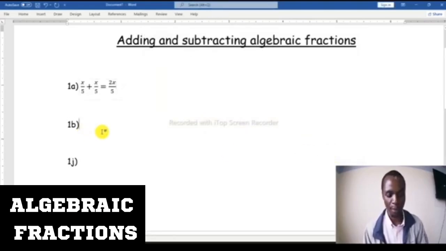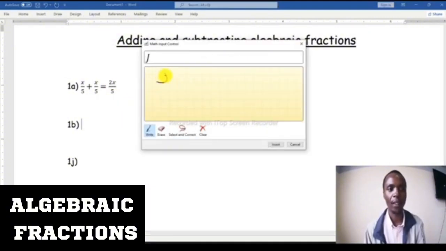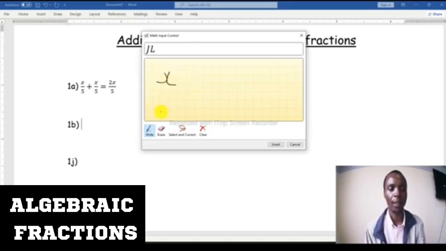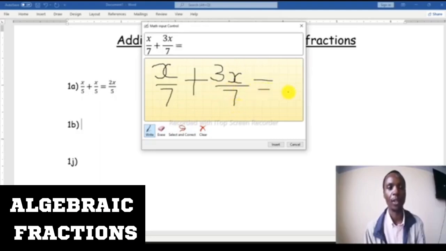Let's go to number B. Number B says x over 7 plus 3x over 7. So x over 7 plus 3x over 7 equals.